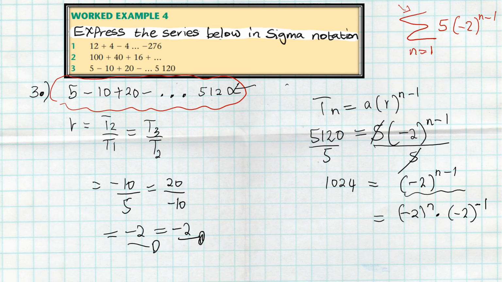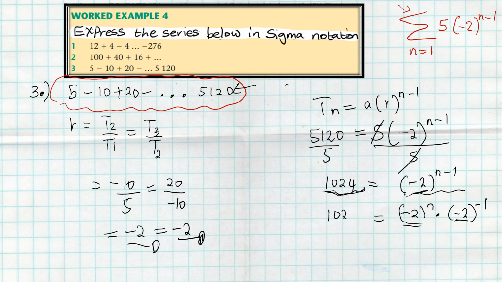You know that if we're multiplying powers of the same base, we add the exponents, so it will still remain minus 2 and minus 1. Why am I doing this? This is negative 2, and if I try to express this in the power of 2, you'll find that I'm getting a positive, and it will be really difficult to solve for n. So I'm just trying by all means so that I can divide by negative, so both sides can be negative and just express like that, right?